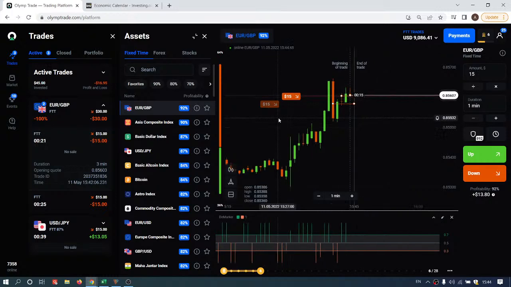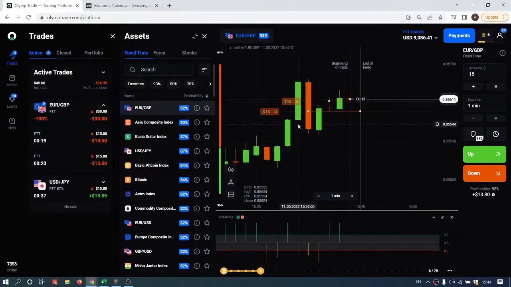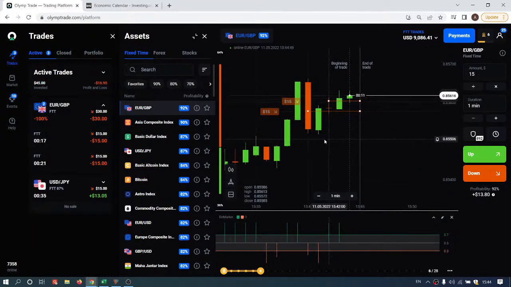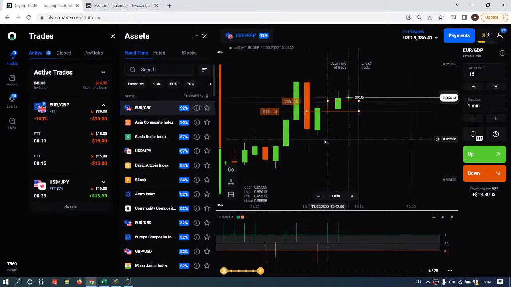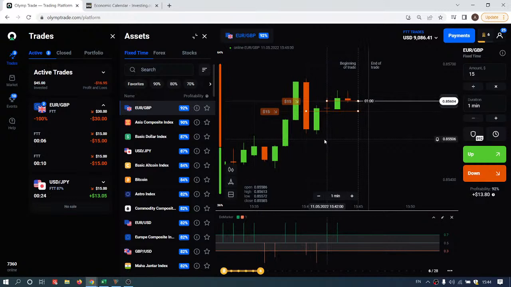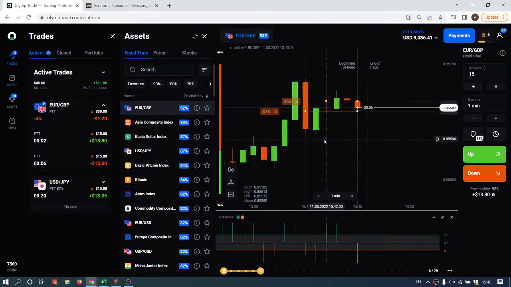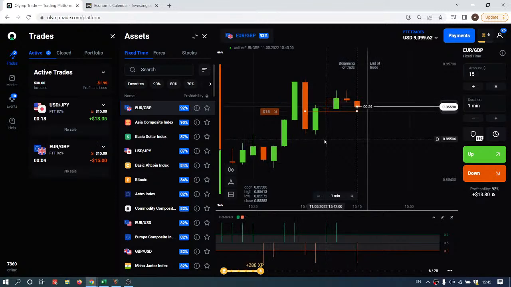Everything needs practice, everything needs analysis, and once you get some results, you need to check them and see whether you should follow this strategy or give up on it. Sometimes you just have more winning trades, sometimes fewer. It just works like this.